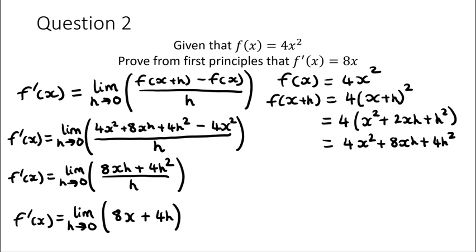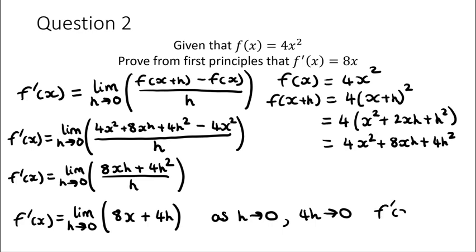So as h tends to 0, 4h is going to tend to 0. Okay, it's not 0, but it's so close to it. So 4 times a number that's virtually 0 is just going to also tend to 0. So as that happens, the 4h tends to 0, we just get left with 8x.